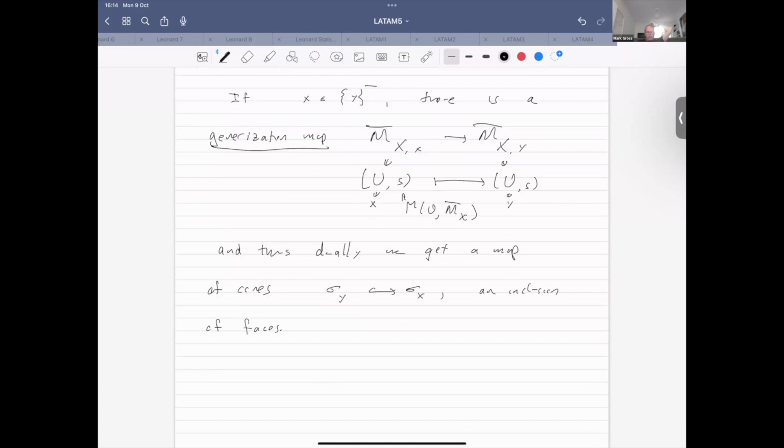So this gives us a bunch of cones and face maps between them. And now we can just glue them together. By gluing these together, we get a cone complex, which we write as sigma of X.